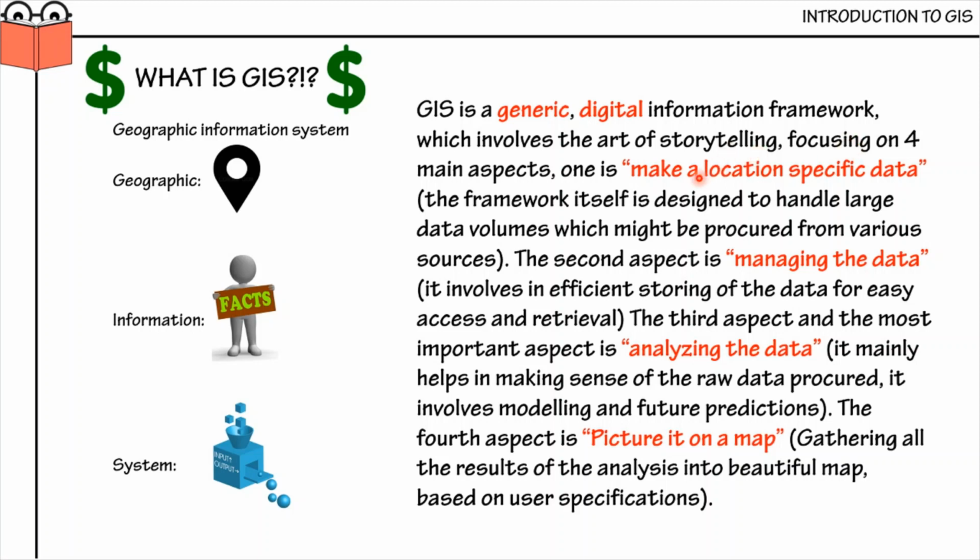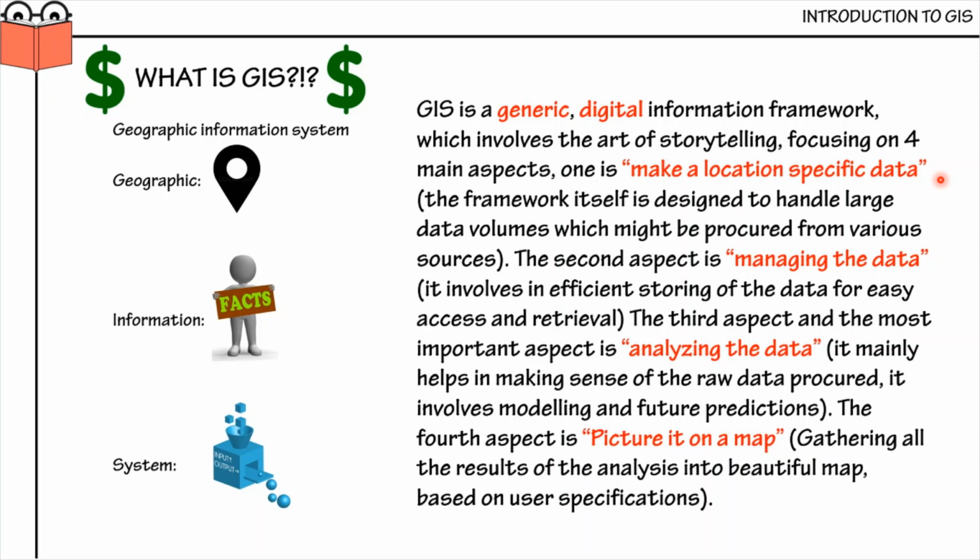So the first aspect is making location specific data. Now the GIS framework itself is designed in such a way that it can handle a lot of data from various sources. The data you've gotten can be satellite imagery, it can be from survey, it can be open source data you get online, or it can be ground truth data. It can be various forms of data from various sources.